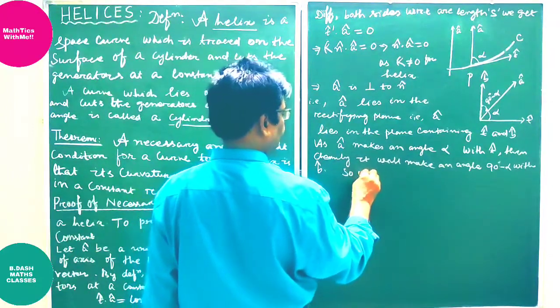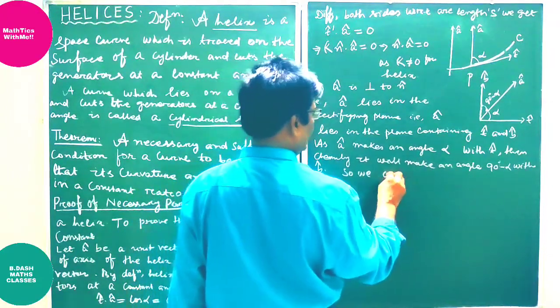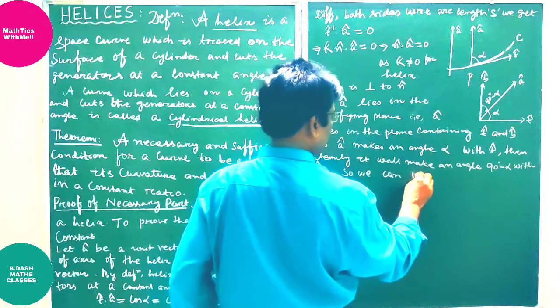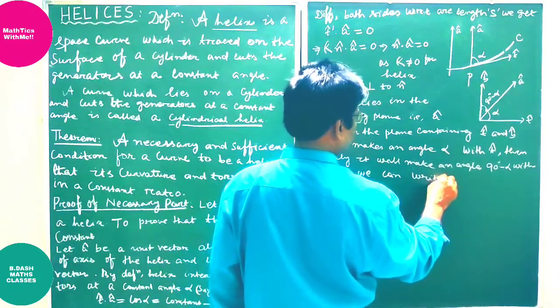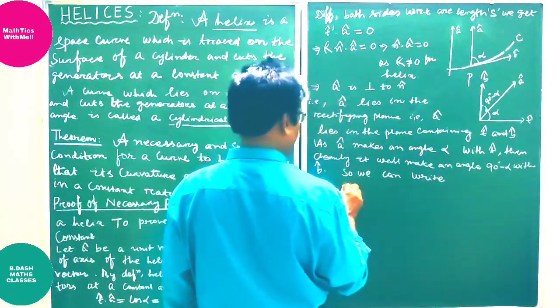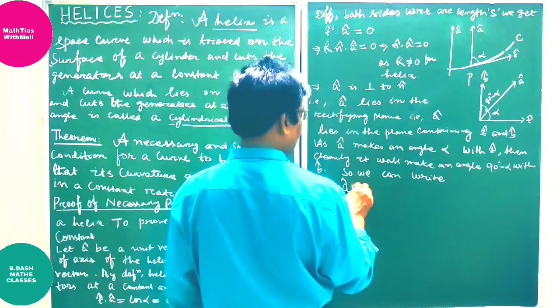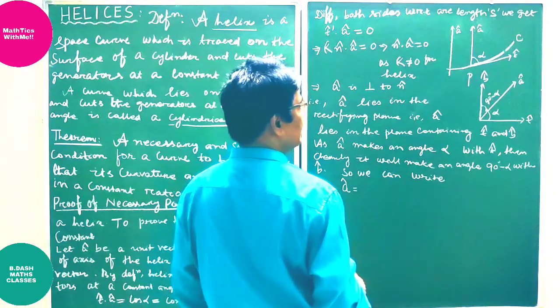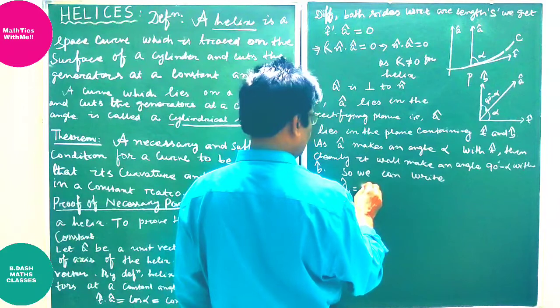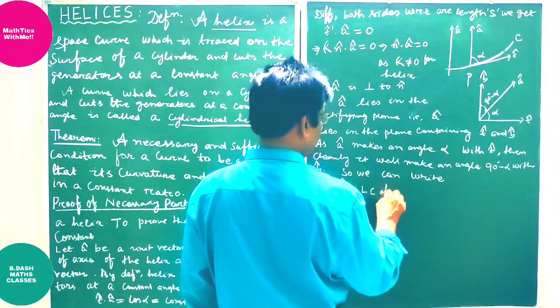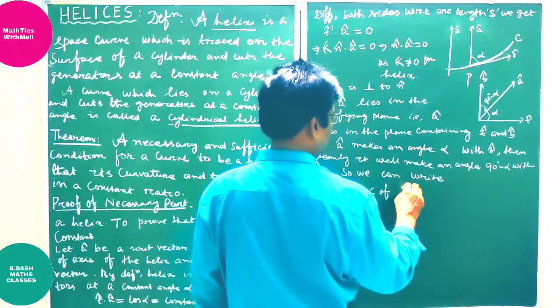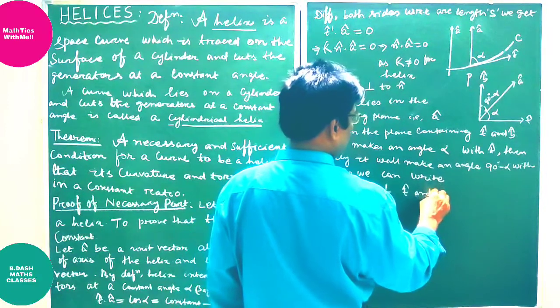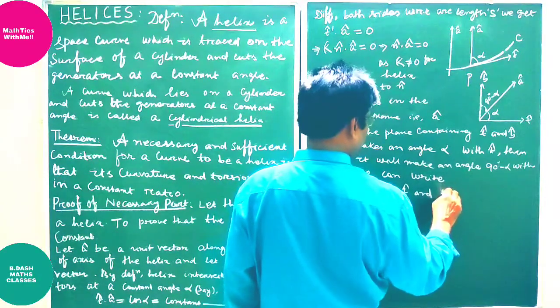So we can write vector a cap as a linear combination of t cap and b cap.